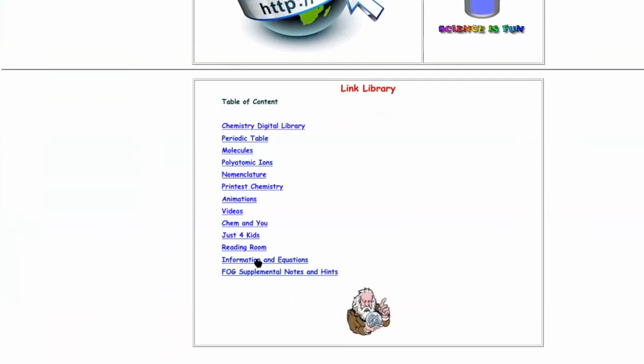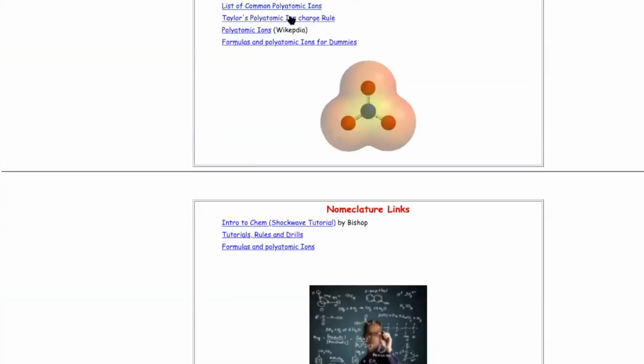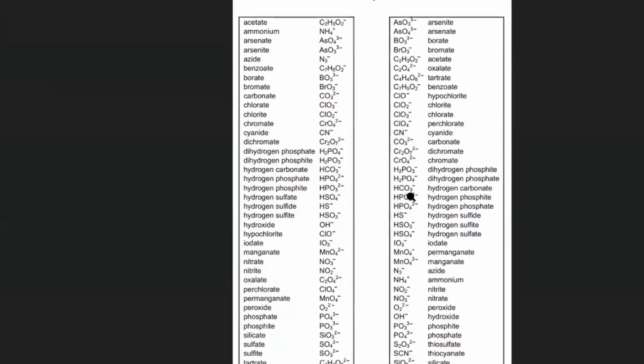If you want a list of polyatomic ions, because you need to know polyatomic ions, go right here and get a list of polyatomic ions. You're free to use it, because it's on my website.